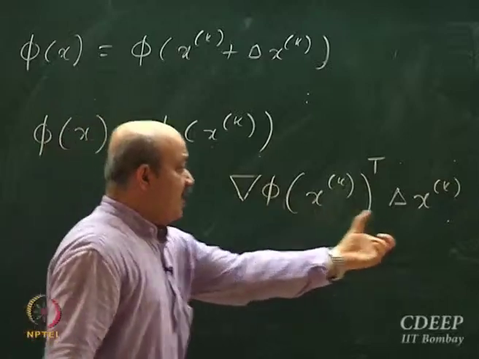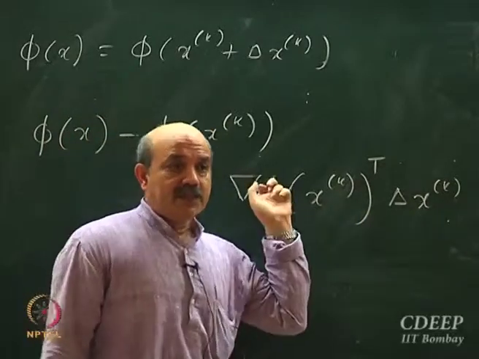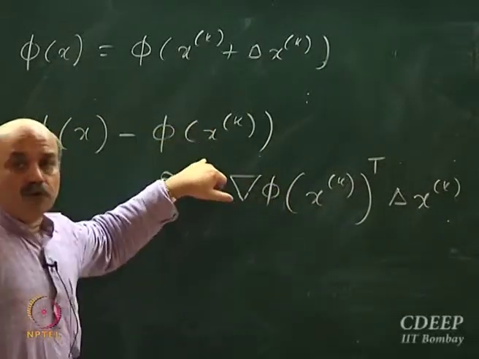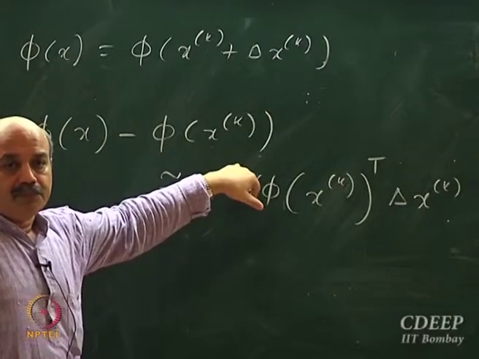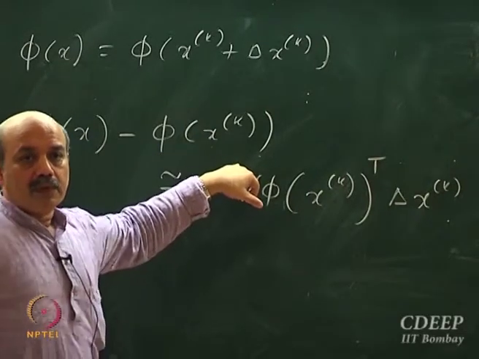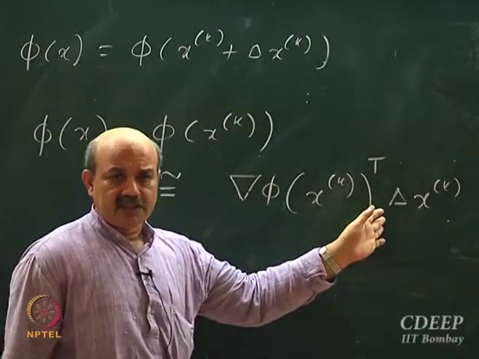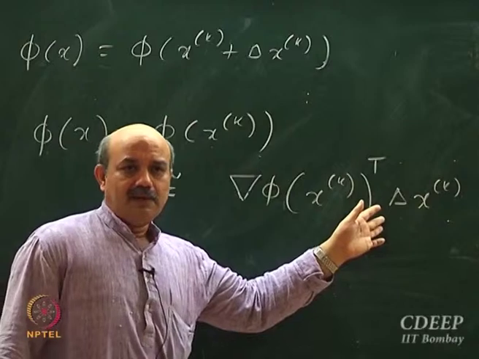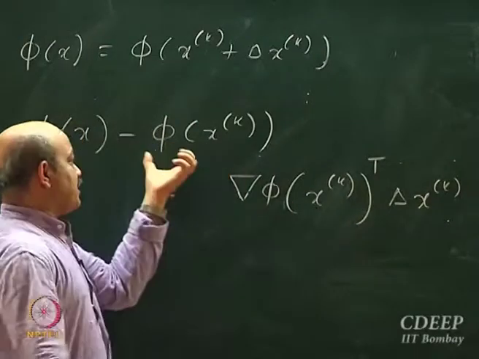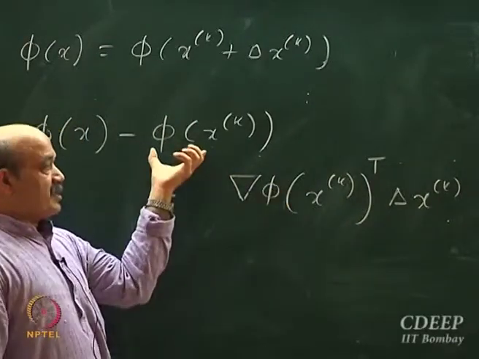So the behavior of this quantity dictates how this function behaves locally. Is it clear? This is the Taylor series expansion. I just wrote this some time back. I am just rearranging this thing on the right hand side.